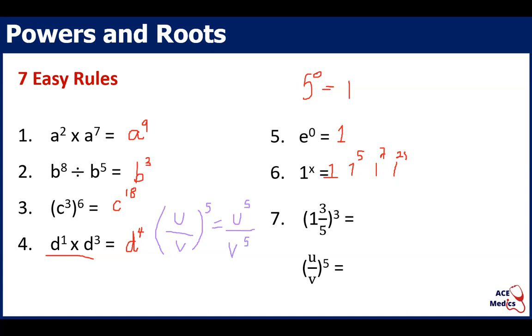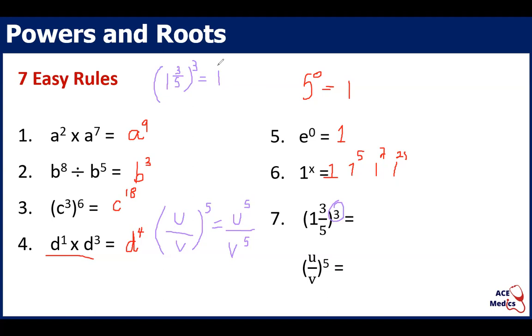Perfect. So if we look at 1 and 3/5, we are still going to apply this. Let me write this better up here: 1 and 3/5, brackets, to the power of 3. That's the same as, let's write that in a better way, 1 and 3/5 is the same as 8/5.